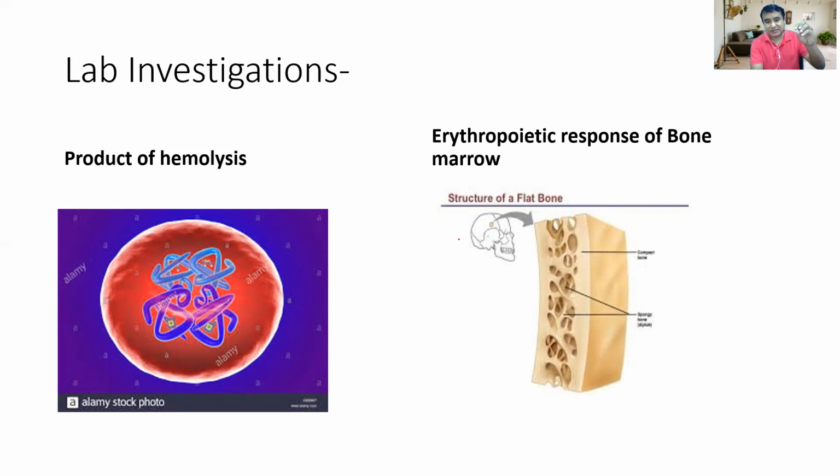One is that when the RBC is undergoing hemolysis, there will definitely be excessive accumulation of the products of hemolysis, which we can detect in the lab. The second abnormality is that as there is ongoing hemolysis, there should be an excessive erythropoietic response in the bone marrow, because the bone marrow has to compensate for the ongoing hemolysis. So definitely you'll see the feature of erythropoietic response in the bone marrow.